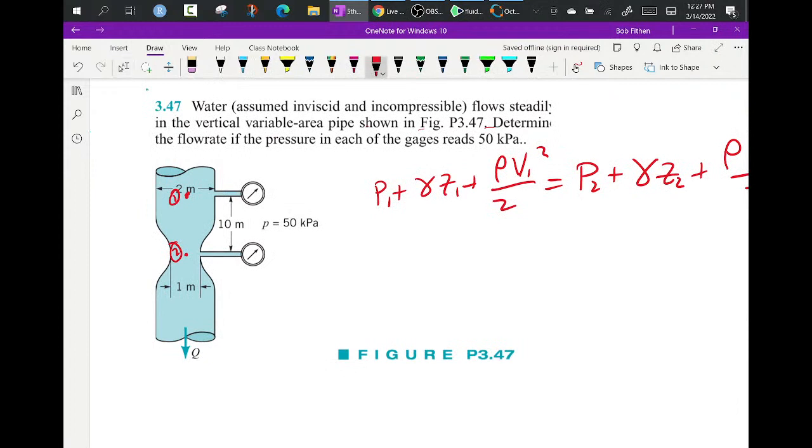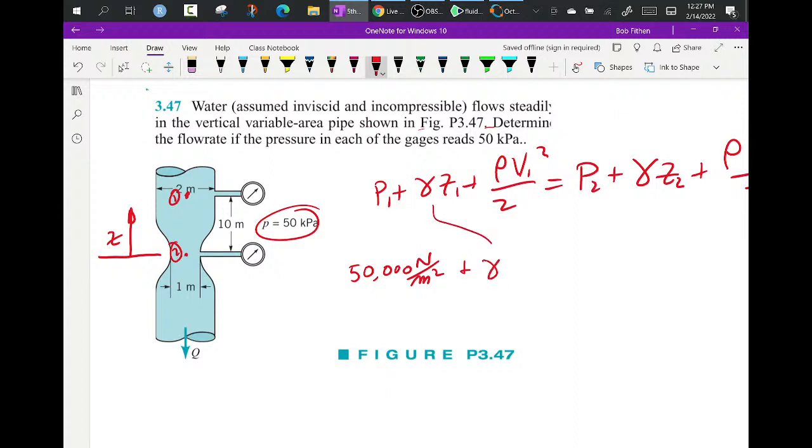So, datum, you pick your datum like that. P1, he registers both of these. So, I like to list it with all that. Newton meter squared plus gamma times Z1.